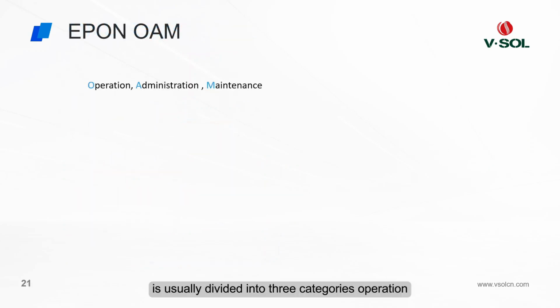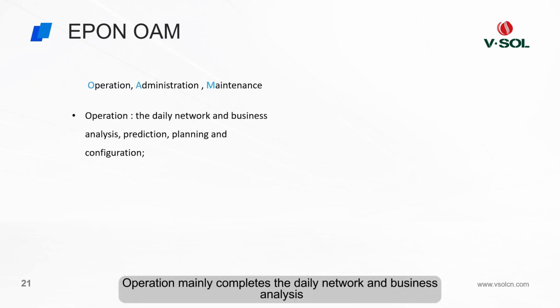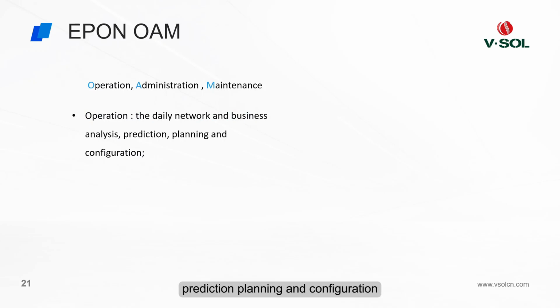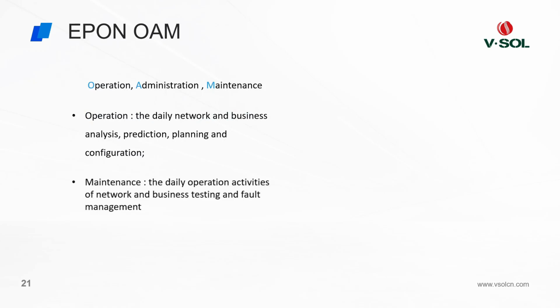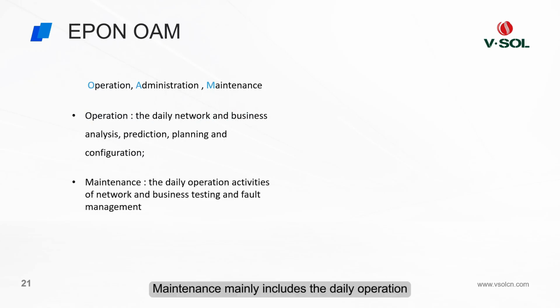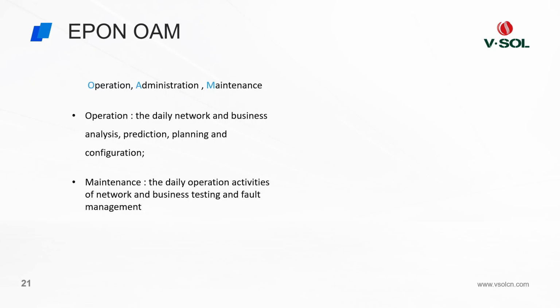Network management is usually divided into three categories: operation, administration, and maintenance, referred to as OAM. Operation mainly completes the daily network and business analysis, prediction, planning, and configuration. Maintenance mainly includes the daily operation activities of network and business testing and fault management.